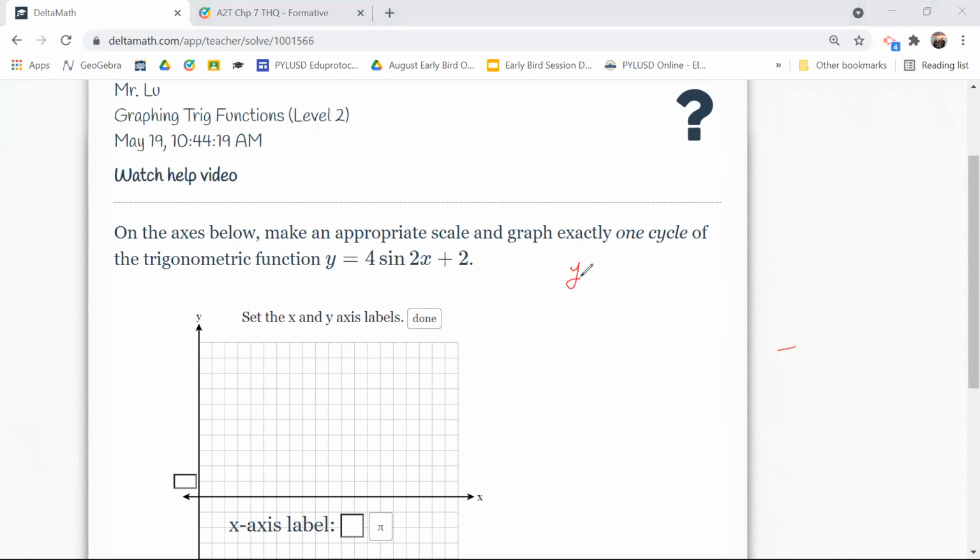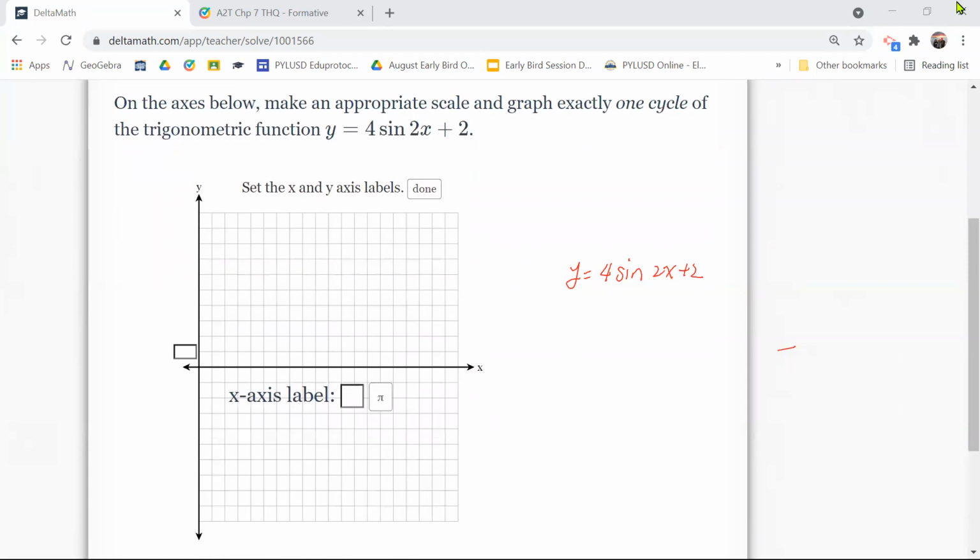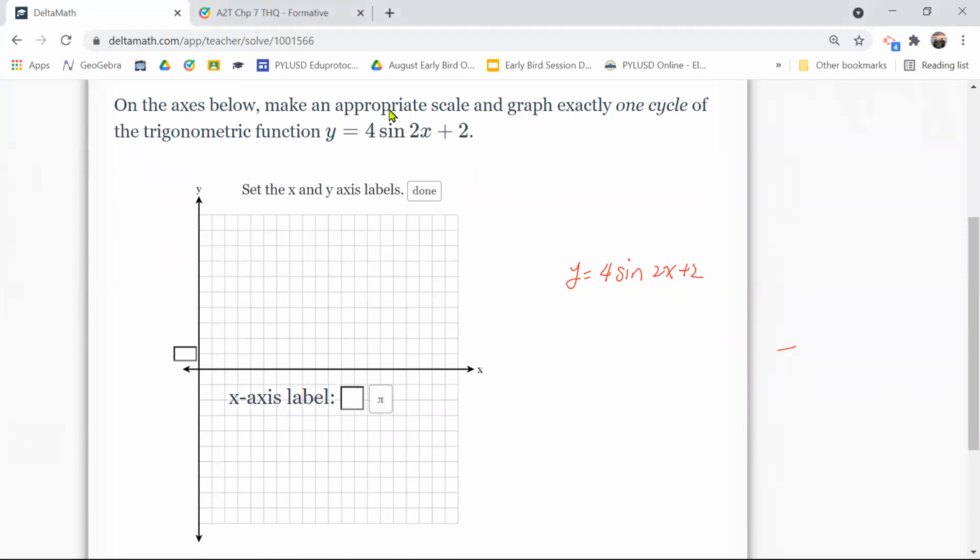All right. So y equals 4 sine 2x plus 2. A, B. So amplitude equals 4.